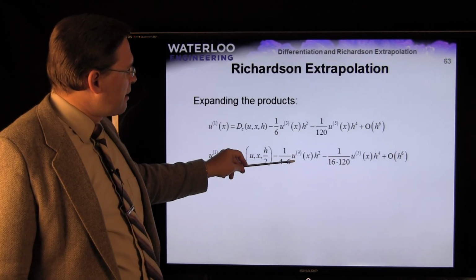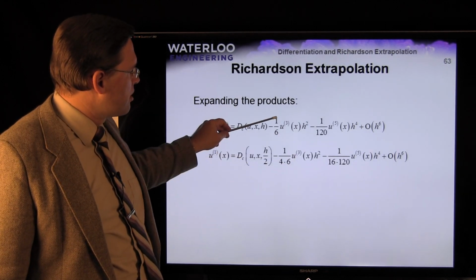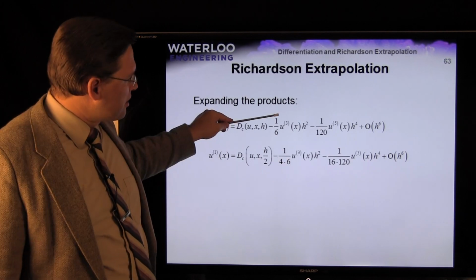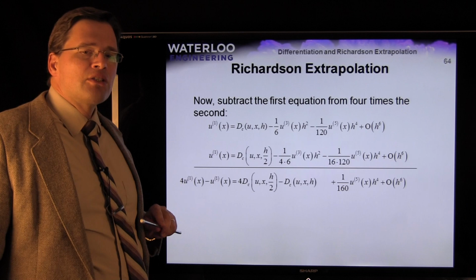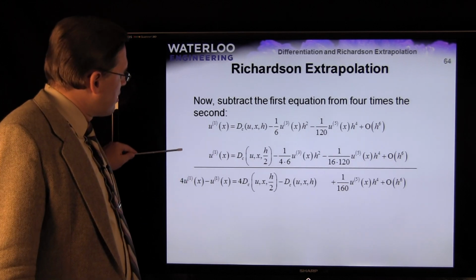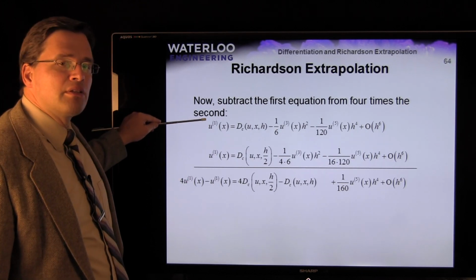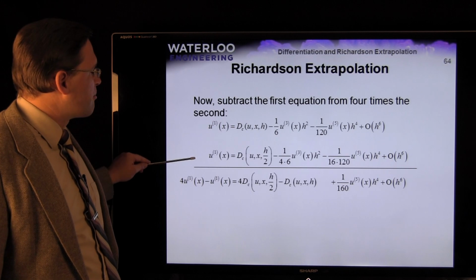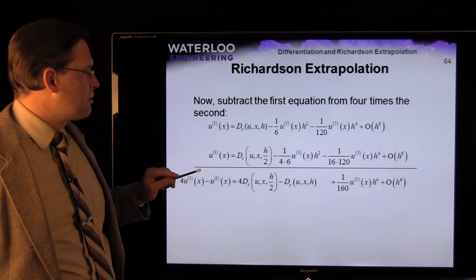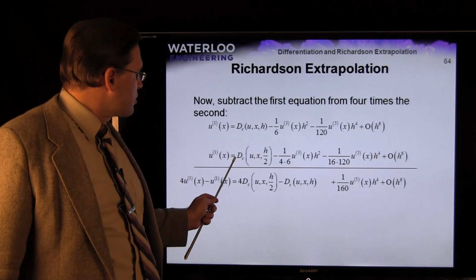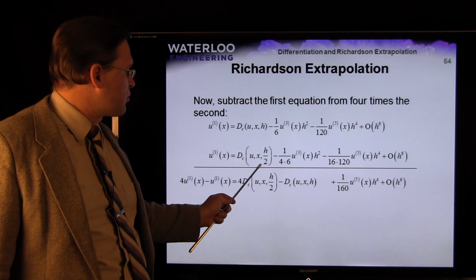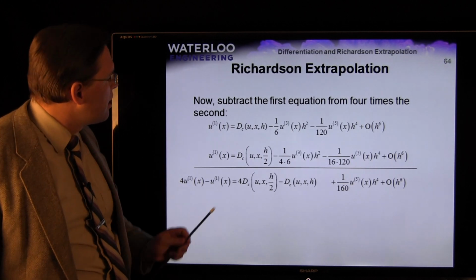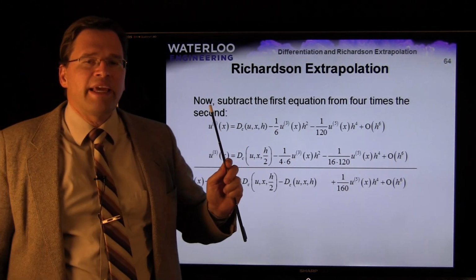These two terms are the same except for the coefficients. This is 4 times larger than that. So let's take this equation and we'll subtract this equation from 4 times this equation. Notice what happens. 4 times this minus this is again 4 times D_c with a factor of h over 2 minus this term. 4 times this minus that cancels out.